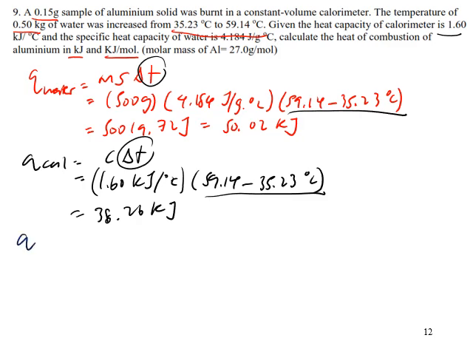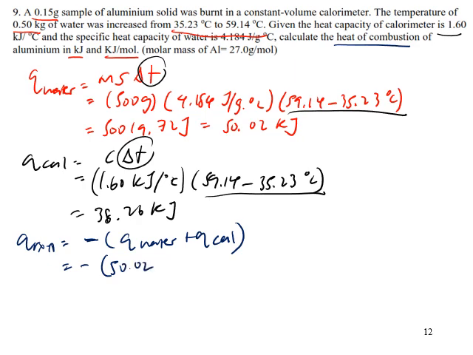Okay, then we will use the formula Q. The measure is Q combustion. You can write Q combustion, or in general you can just write Q reaction. So Q reaction will be negative, brackets. Remember, negative in front. So Q water plus Q cal. Q water, put in the value, 50.02 kilojoule.